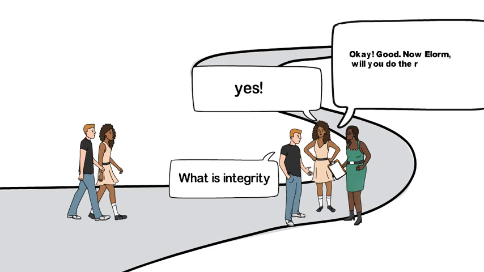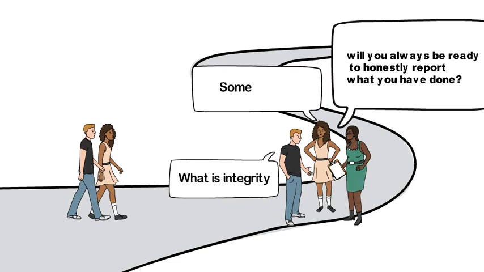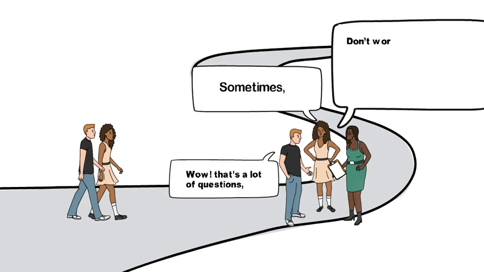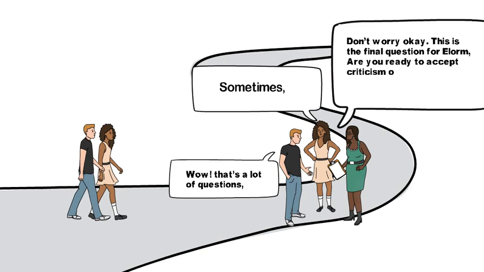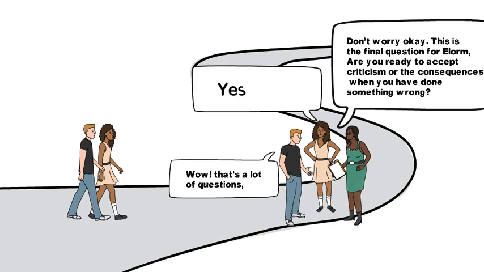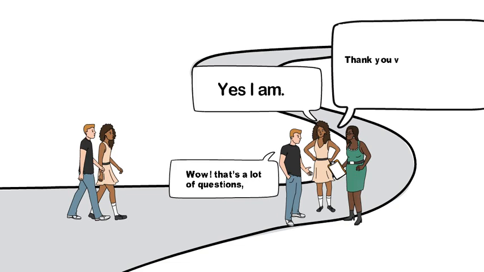Now, Elom, will you do the right thing even when no one is looking? Of course I will. Will you always be ready to honestly report what you have done? Sometimes. Wow, that's a lot of questions. Don't worry, Kuku. These are the final questions for Elom. Are you ready to accept criticism or the consequences when you have done something wrong? Yes, I am. Thank you very much, Elom.